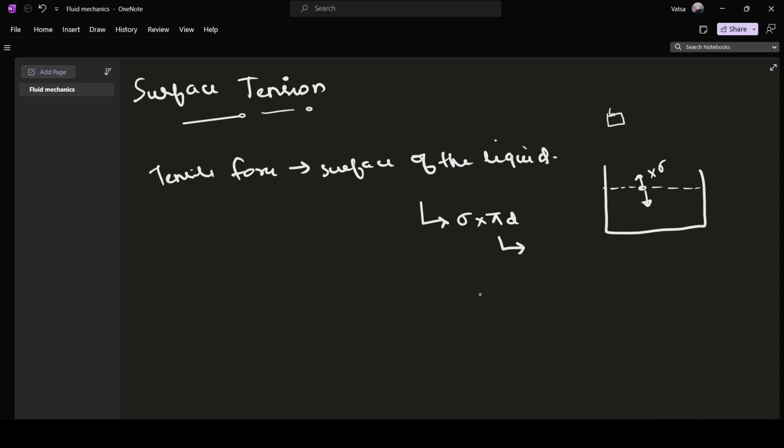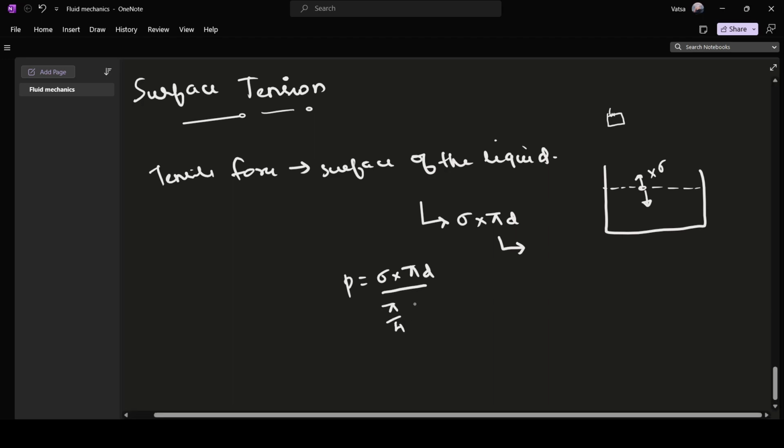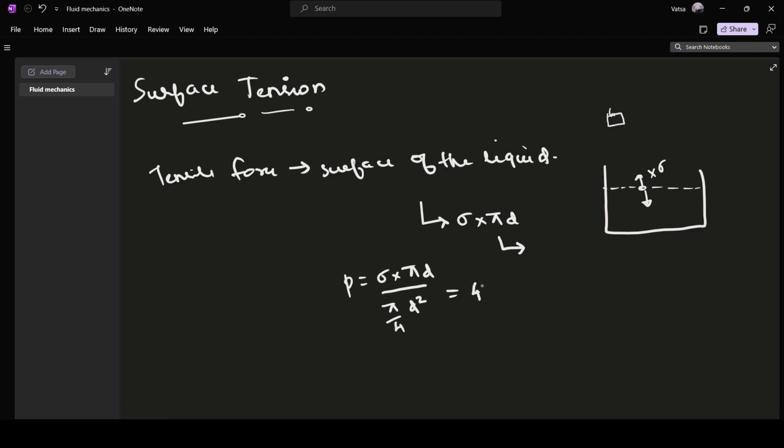And if you want to find the pressure, pressure is given by psi into pi d, which is surface tension, divided by pi by 4 d square. So we can cancel quite a few terms. So it will become 4 psi by d.